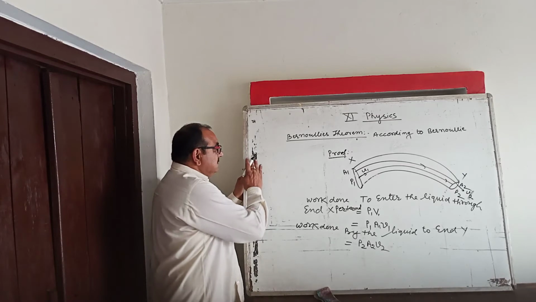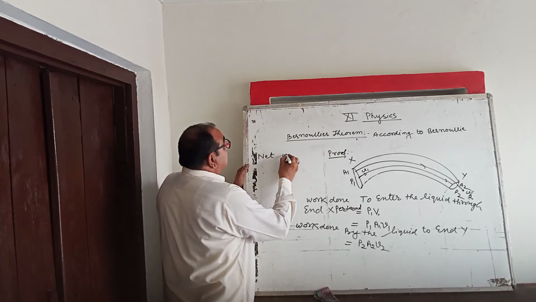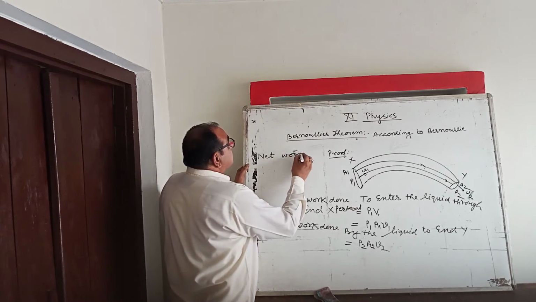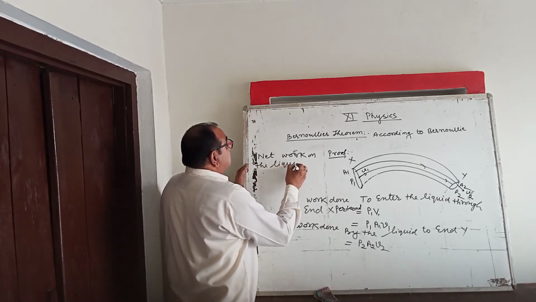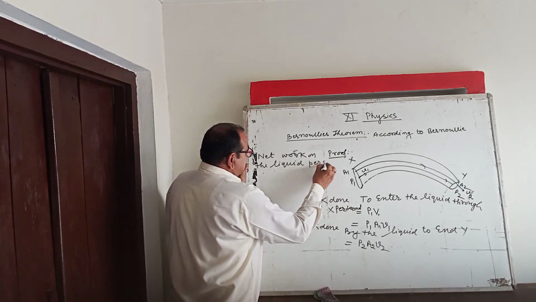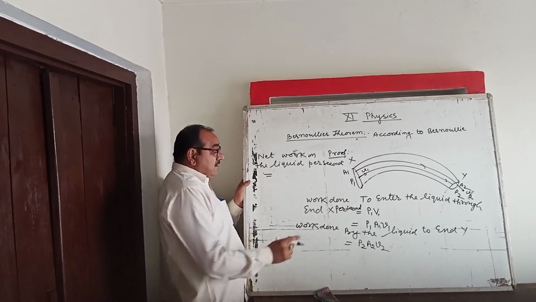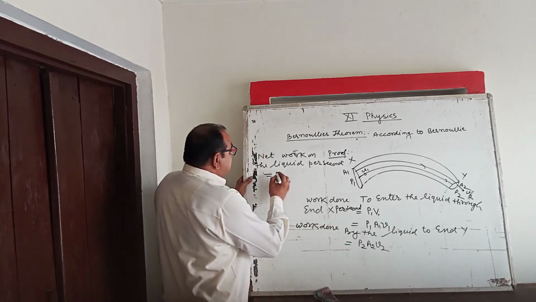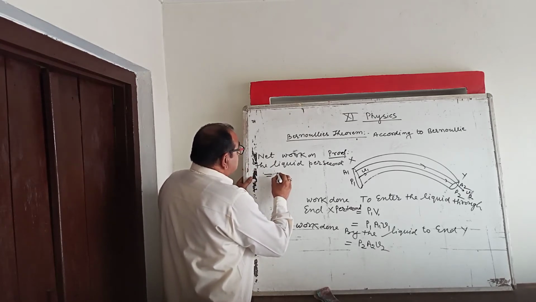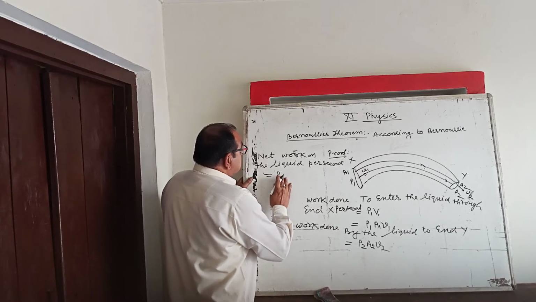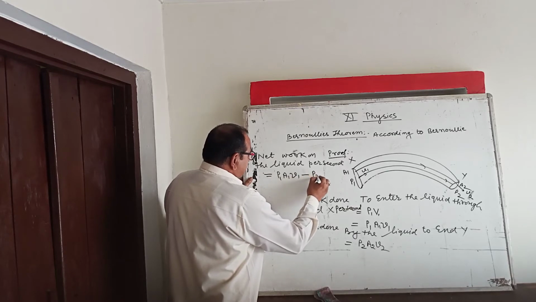Now net work done on the liquid per second is equal to P1 A1 V1 minus P2 A2 V2.